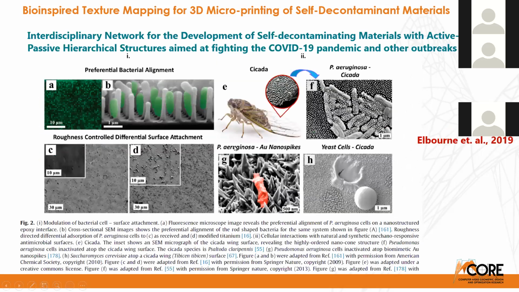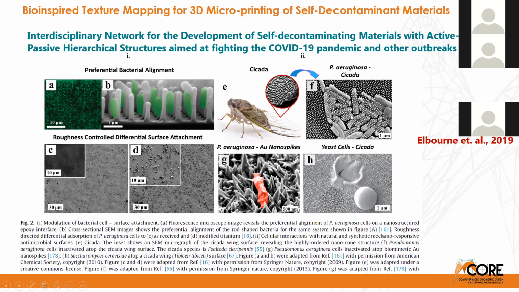So for instance, we can see here a few types of topographies. We can see that, for instance, the cicada wings have a sort of self-decontaminating effect for certain types of bacteria. And it's basically made of nanopillars.